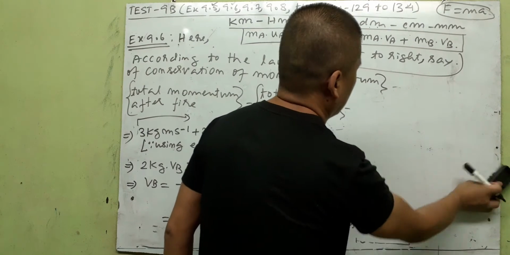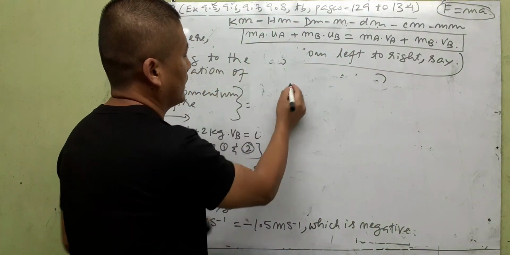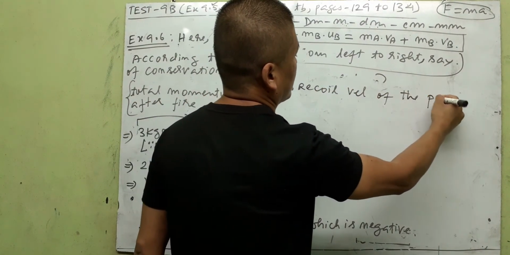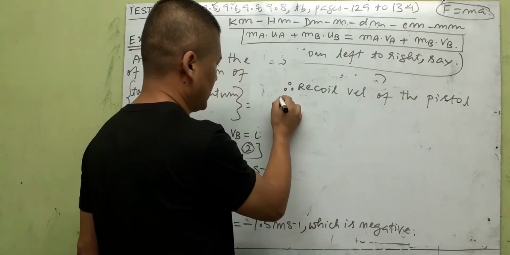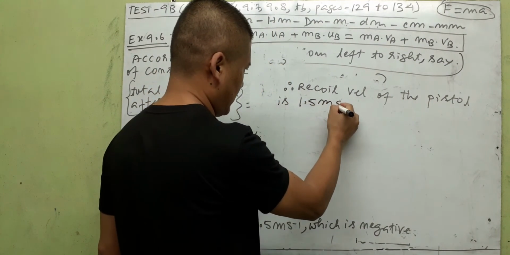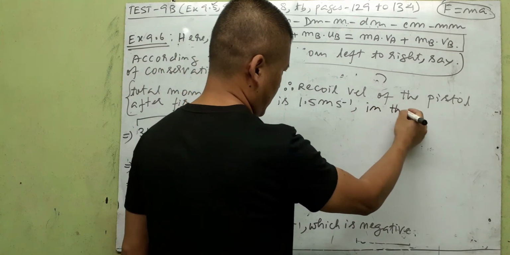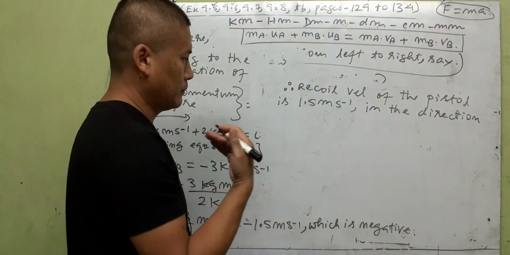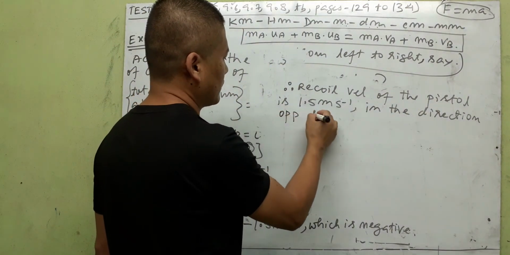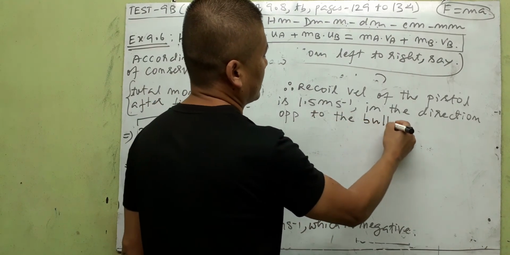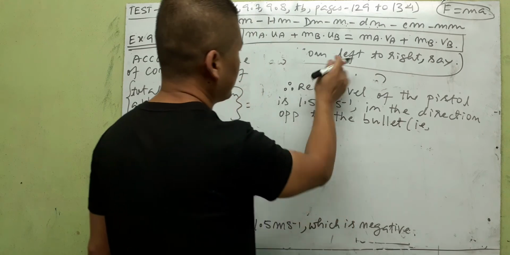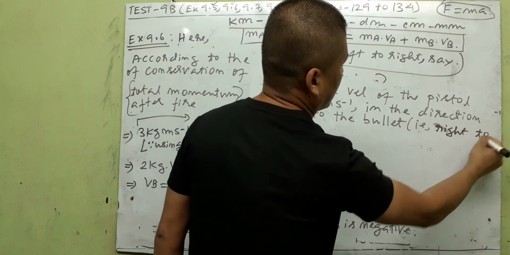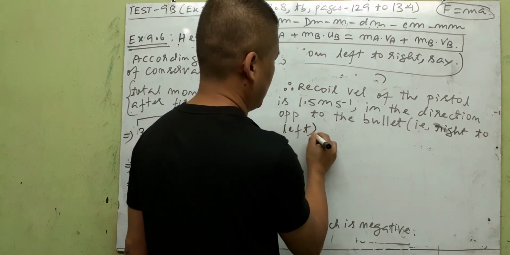So here, which is negative, therefore we write recoil velocity of the pistol is 1.5 meter per second, comma, in the direction, minus means in the direction, momentum of the gun pistol is in the direction opposite to the bullet. So you can stop there, or you can add that is bullet is moving from left to right, so this will be that is right to left, opposite to the bullet.